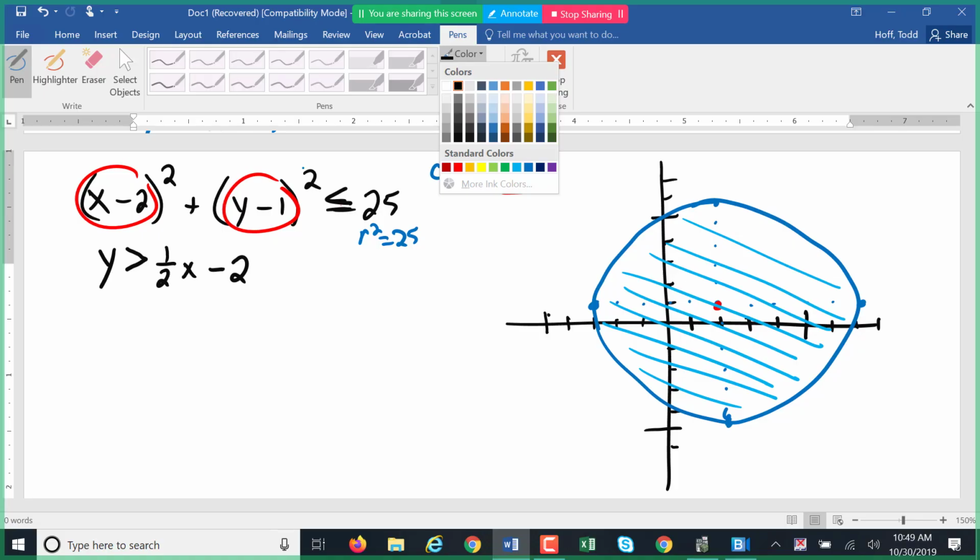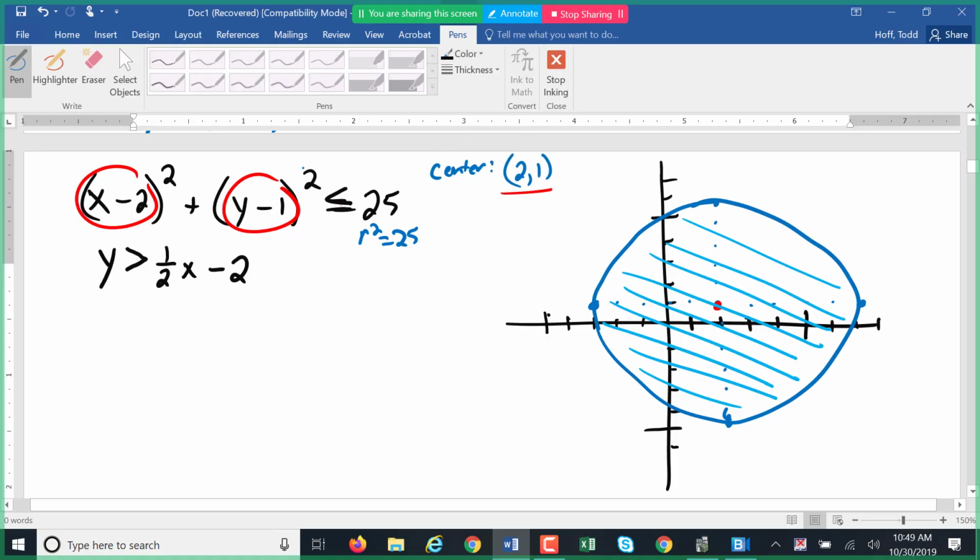So now we've got to do the line here. Well, this line is set up fairly simple to graph. It's of that form, y equals 1/2 x minus 2. So we start at -2. And from there, our slope of 1/2 means you go up 1 over 2. So that's where our second point is.